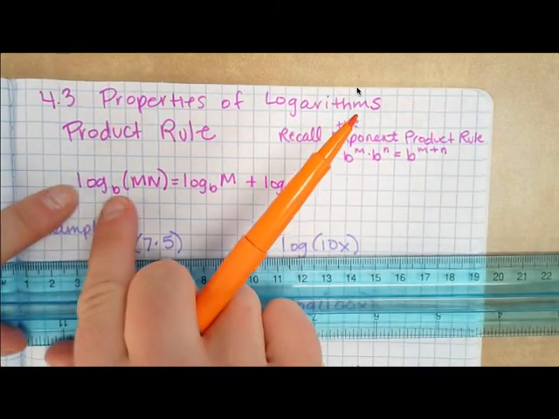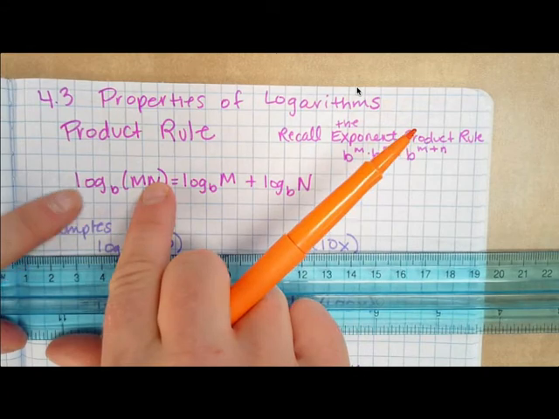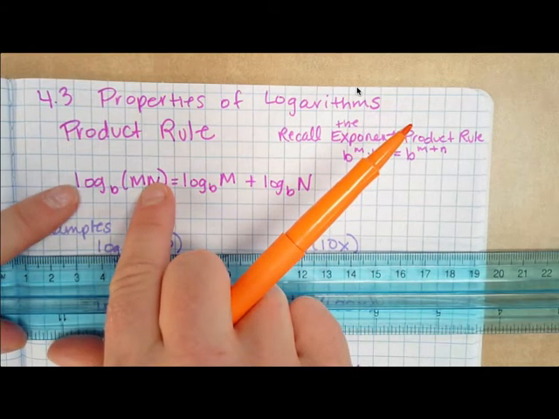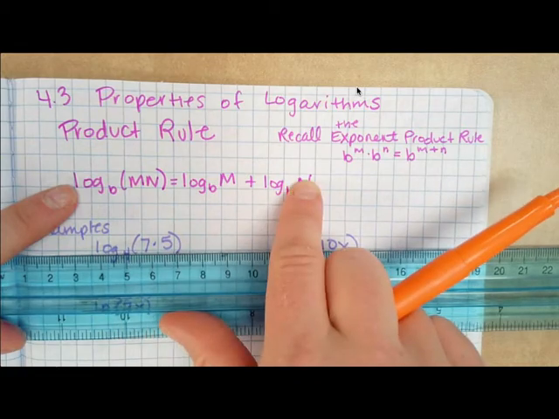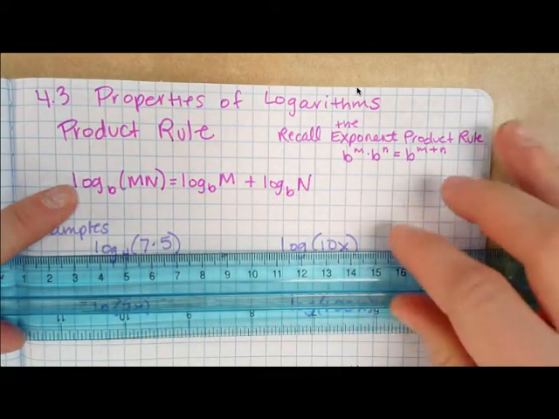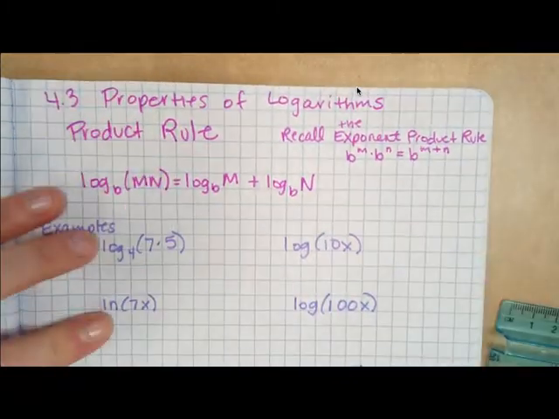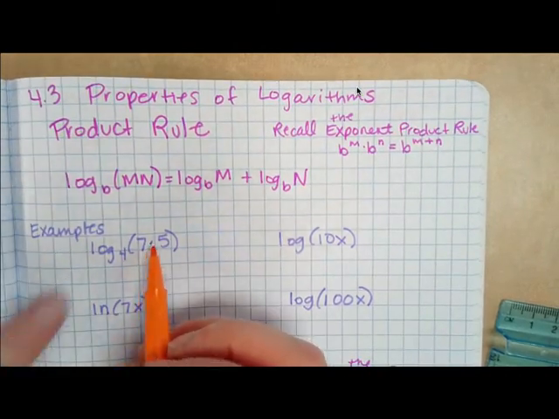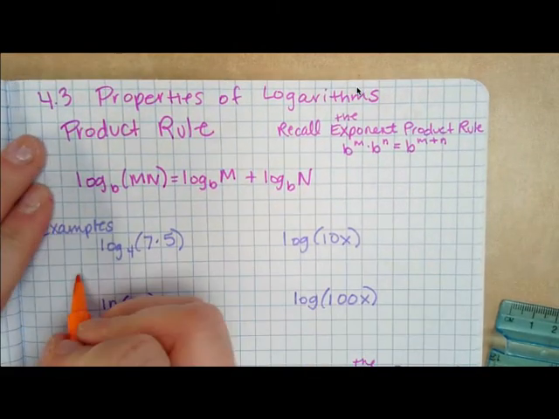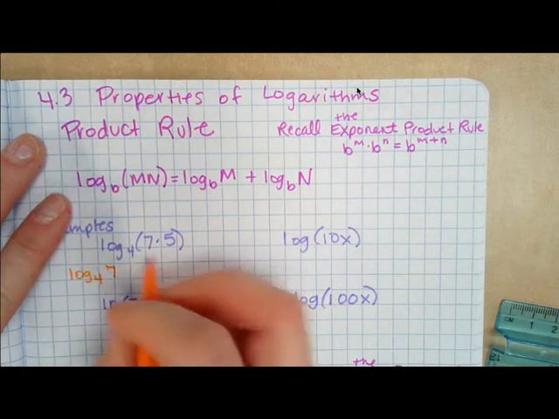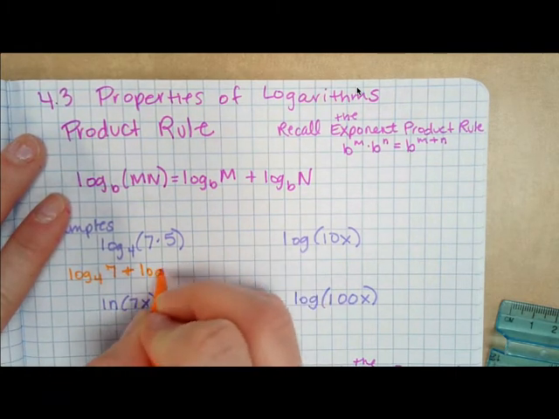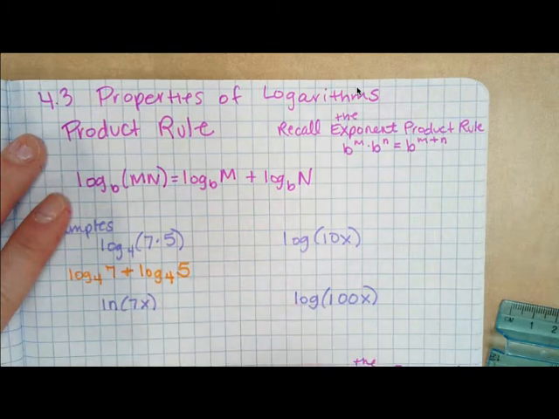When you have log base b of m times n, that means you can expand it out to log base b of m plus log base b of n. So if we have log base 4 of 7 times 5, then we can rewrite it as log base 4 of 7 plus log base 4 of 5.